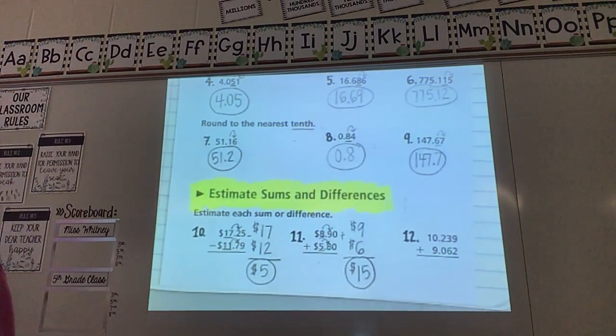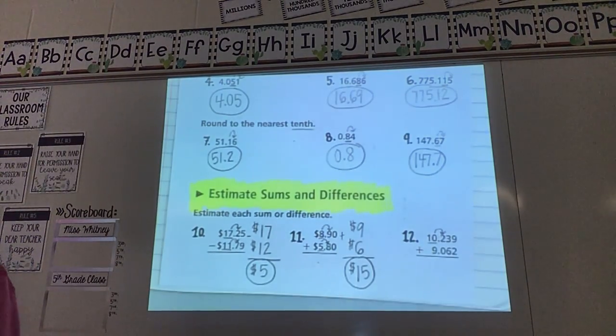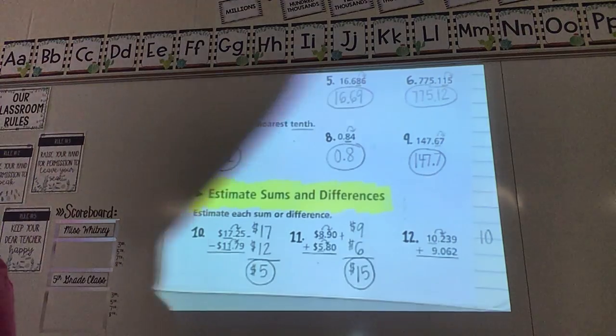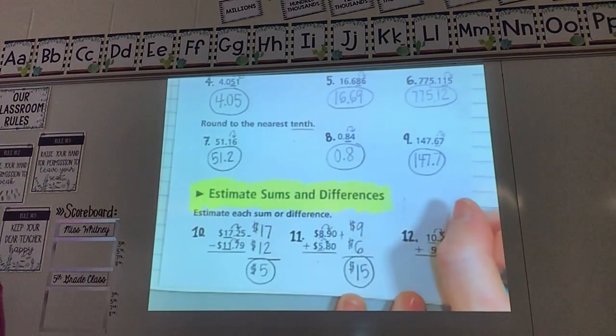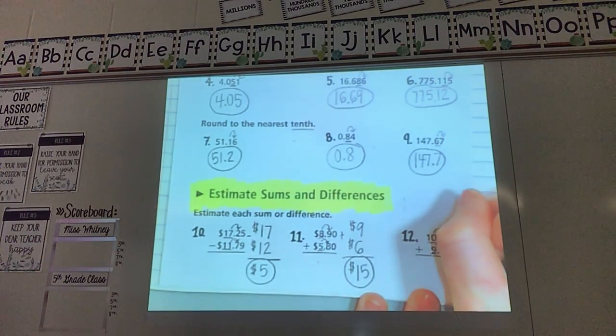All right, last one together, number 12. It's not dollars, but we do it the same. So underline your whole number. Look behind. Is that 10 going to stay a 10 or does it need to jump up to an 11? It's going to stay a 10. Do my other number. Is my 9 going to stay a 9 or does it need to jump up?